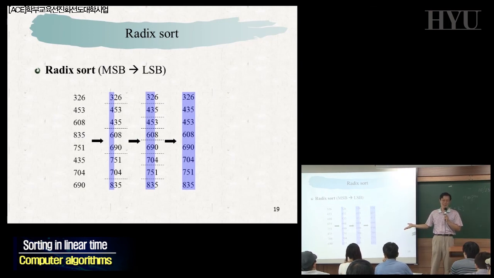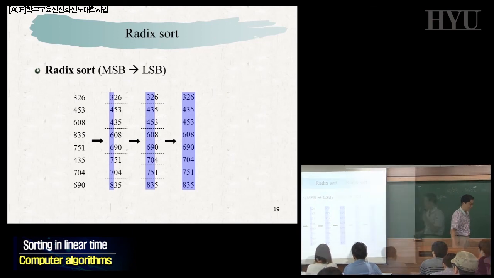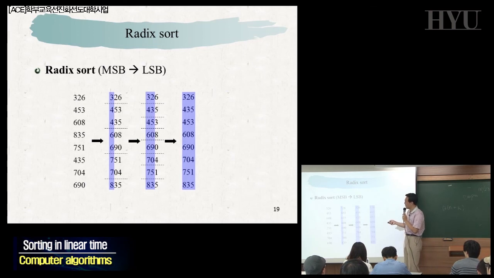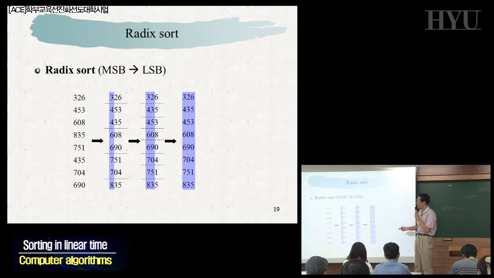Just look at this example, and then you will recognize the radix sort. So these numbers are 3-digit numbers, and each digit is called a radix. So we have 3 radixes.